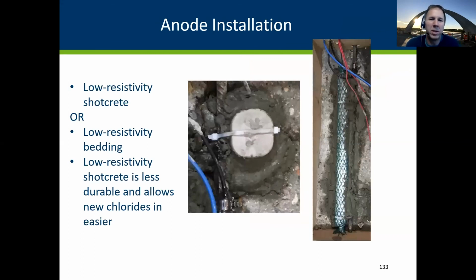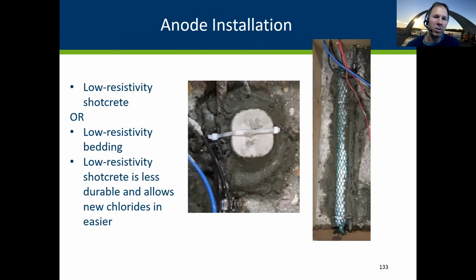So I said you really don't need to put the anodes behind the rebar. But if you were just to shotcrete over the anode, it doesn't give it a good bedding. And how the zinc gets current, there's actually electrical current given off by having zinc next to steel. You need to have good concrete to make a continuous path. And the current is determined by how much resistance to electricity or electrical flow there is between the zinc and the steel.